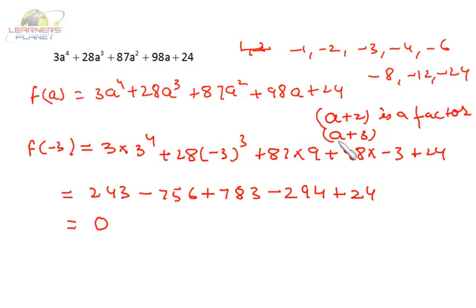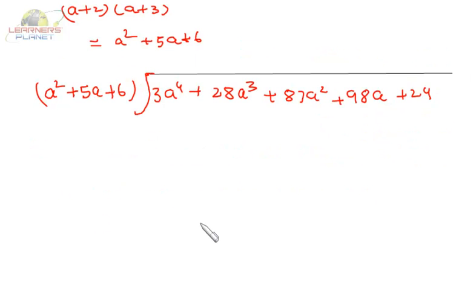Let's take a quadratic polynomial and divide this biquadratic polynomial by it. Now by multiplying these two linear polynomials, we are getting this quadratic polynomial, and we are dividing this biquadratic polynomial by this quadratic polynomial. Okay, now let's begin.